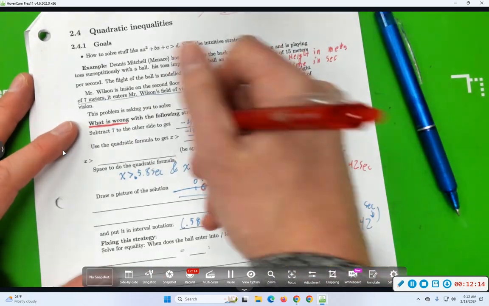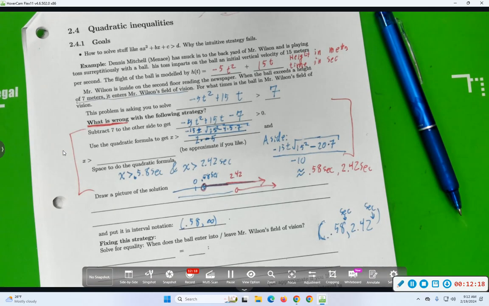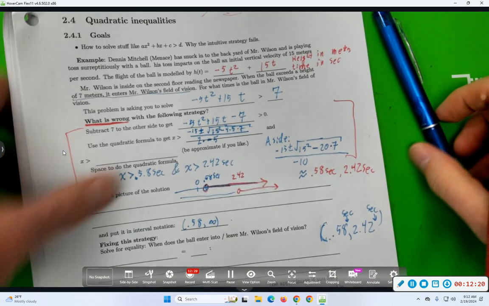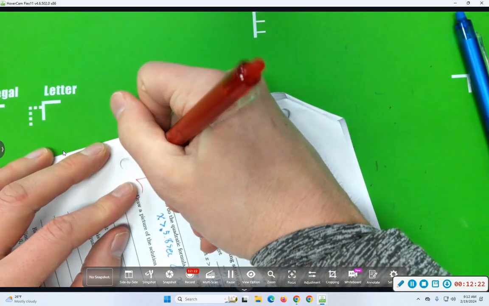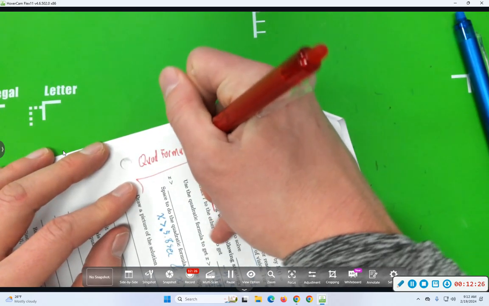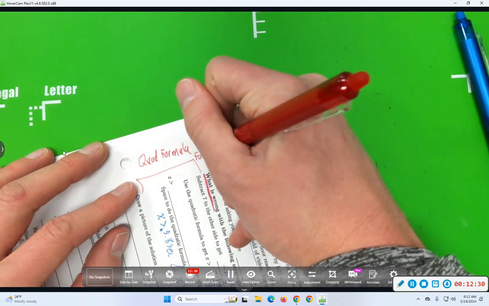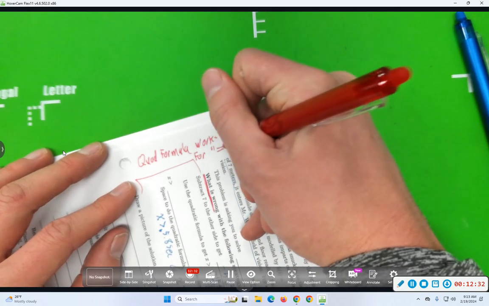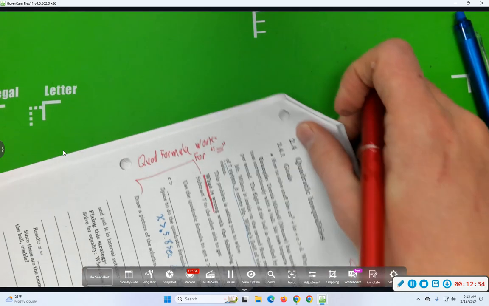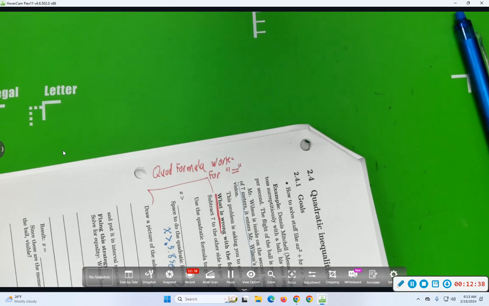So it turns out this step is just fundamentally flawed on a logical level. The quadratic formula works for equality, not inequality. You cannot directly use the quadratic formula to solve an inequality.